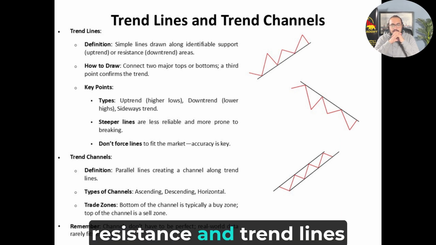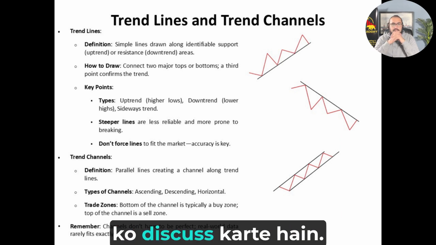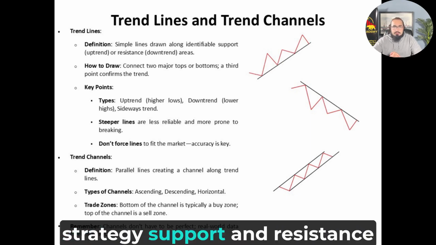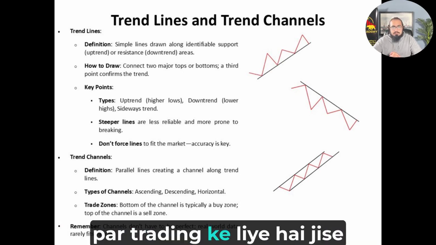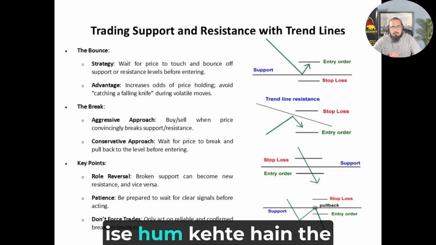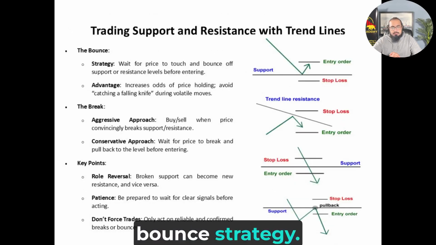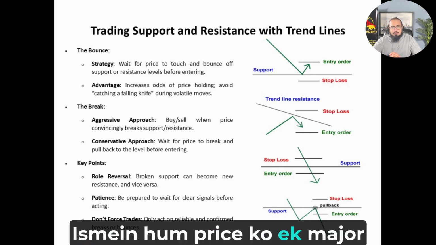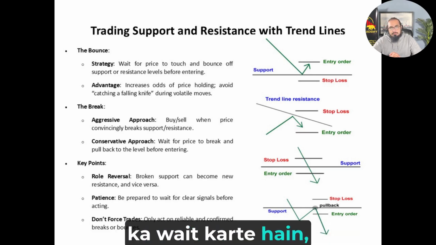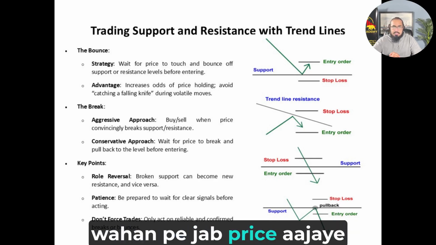Now we discuss trading support, resistance, and trend lines. Basically, we have a strategy for trading on support and resistance, which we have discussed before. We call it the bounce strategy. In that, we wait for the price to come to a major support or resistance.